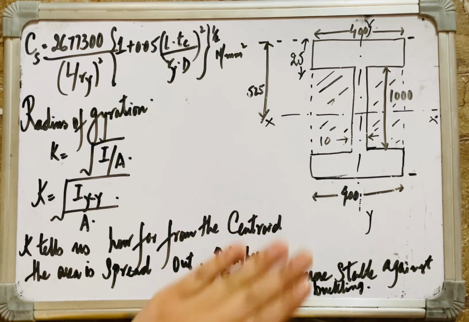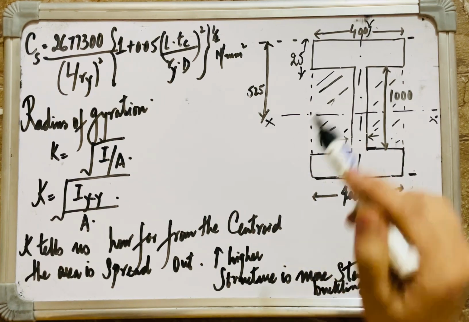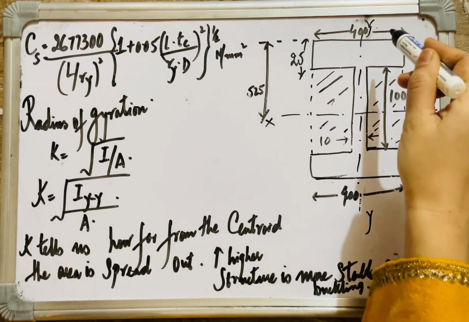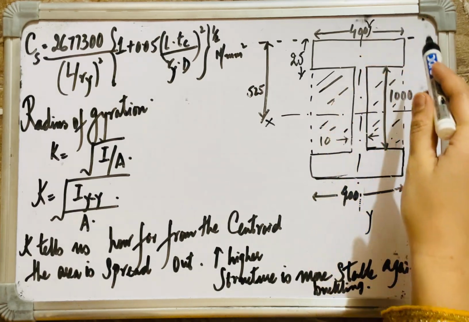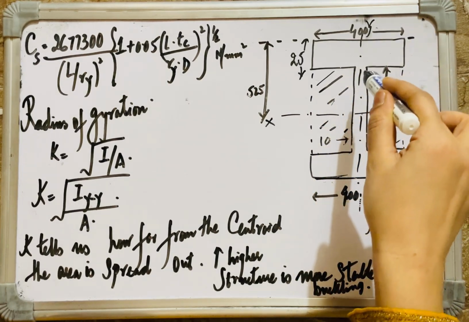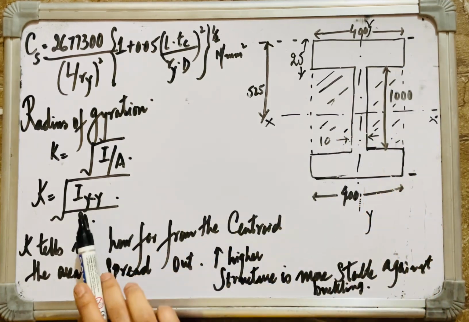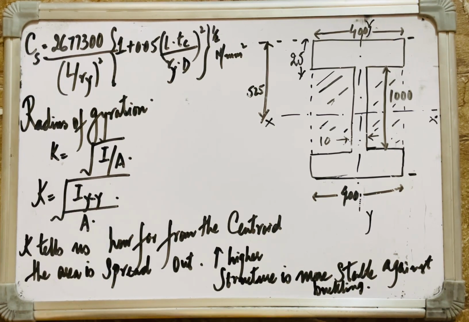So in this trial section of the plate girder, I'm using my y axis to analyze its rotation or bending, and the same axis gives the radius of gyration.